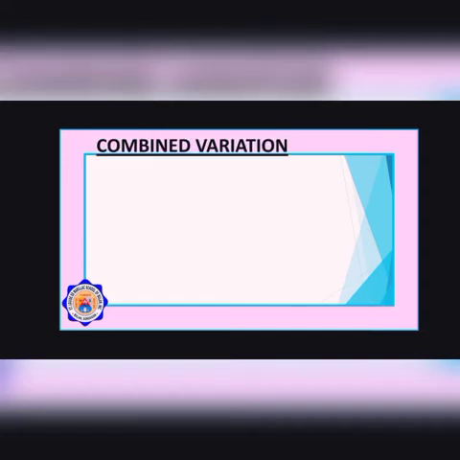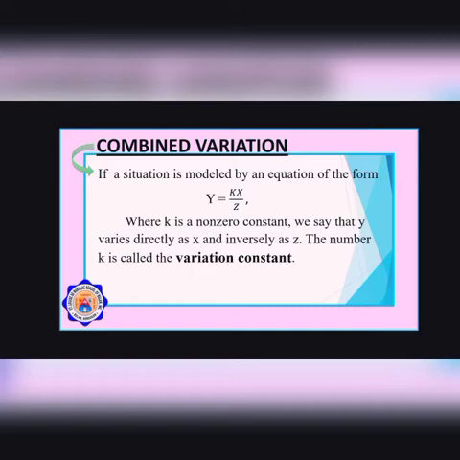Next is the combined variation. So, the combined variation is the last type of variation. If a situation is modeled by an equation of the form y is equal to k times x over, or divided by z, where k is a non-zero constant, we say that y varies directly as x and inversely as z.